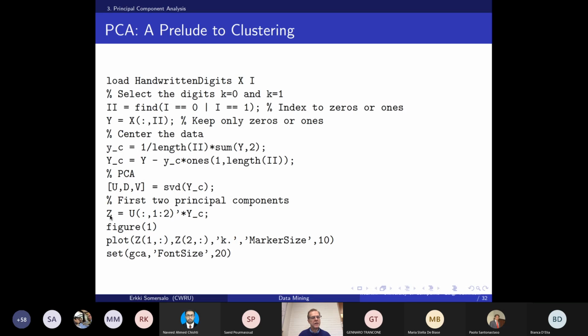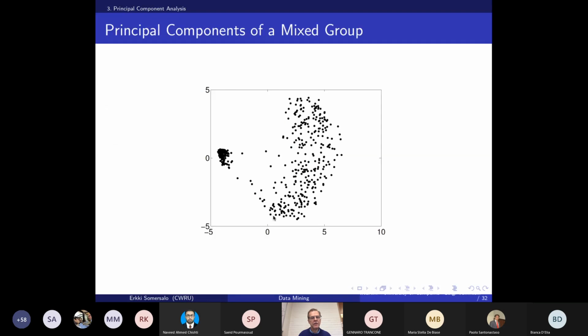So this z is a 2 by p matrix, and p is the number of ones and zeros in my data set, which I don't know right now, but it is several hundreds, I believe. And then I'm doing the scatter plot of the first and the second principal components and checking how my data looks. And so here is the outcome.